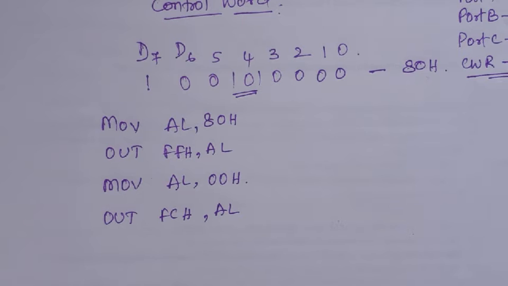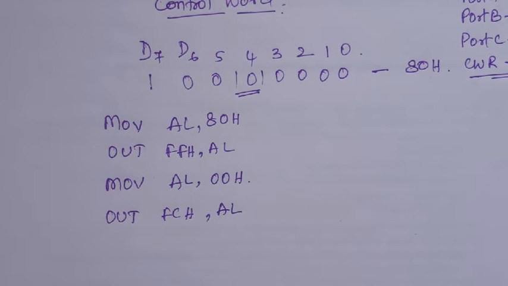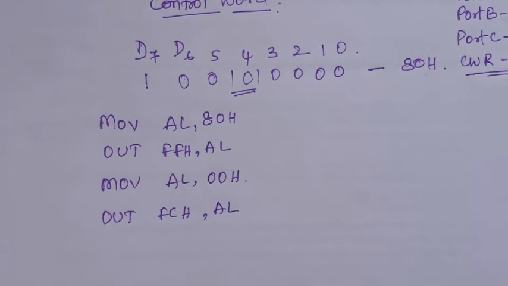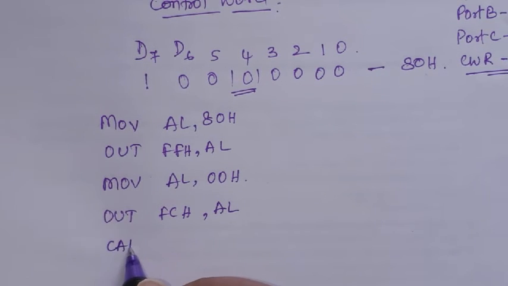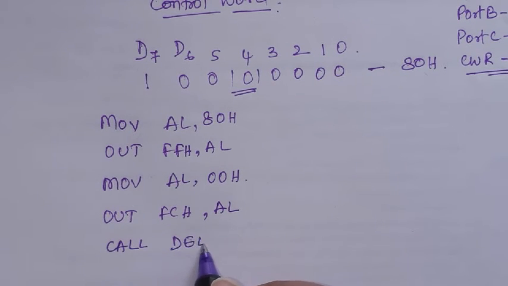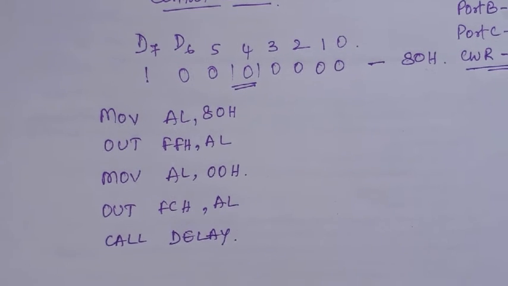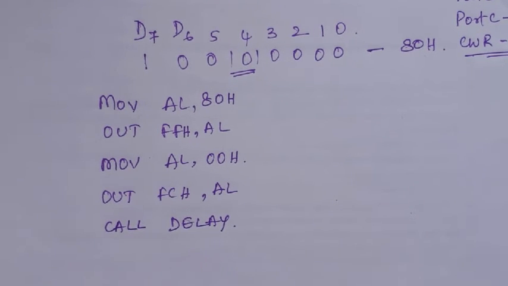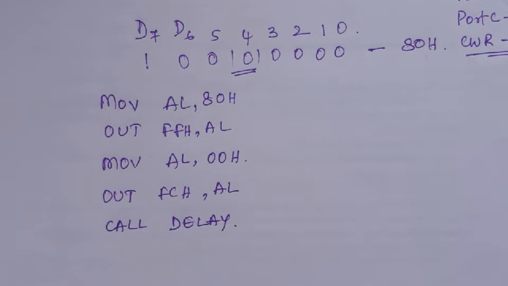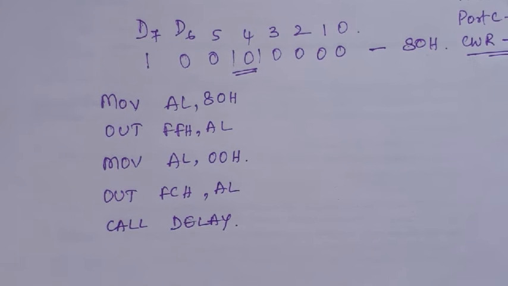So let us introduce some delay so that we can see the output triangular waveform. This output we can view by connecting the output terminal to a CRO. Okay, so call a small delay program, so that we get some small duration after each increment.